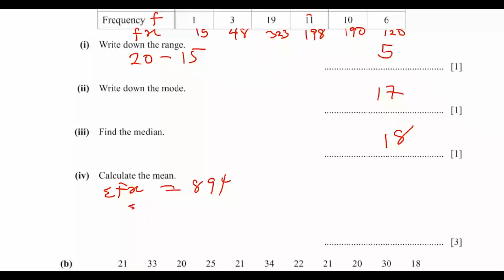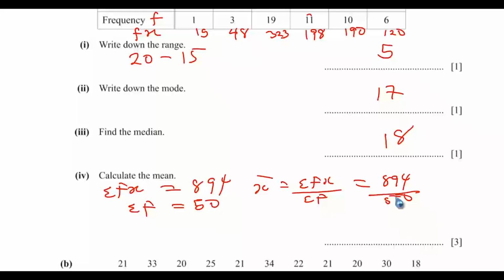Of course, the summation of the frequencies is 50. So the mean will be summation fx over summation f, that is 894 divided by 50, and the mean is approximately 17.9 to 3 significant figures.